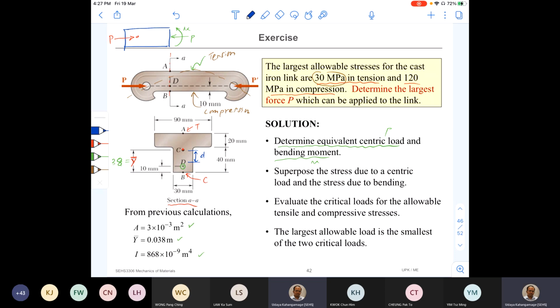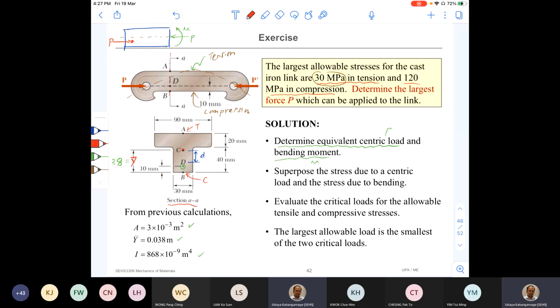So then maybe I will redraw the internal force because it is not in the middle, right? So it is somewhere here like this, P, and the centroid somewhere here. Right? So therefore there's a gap.